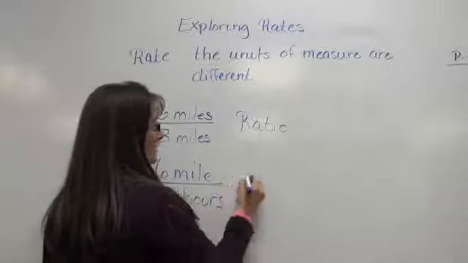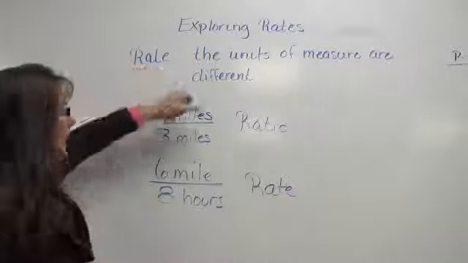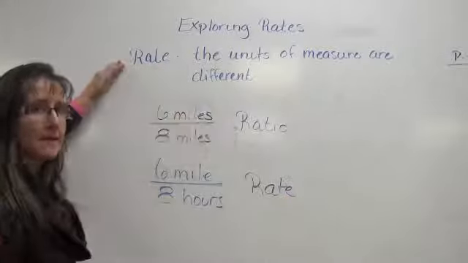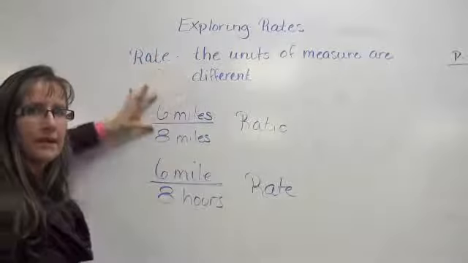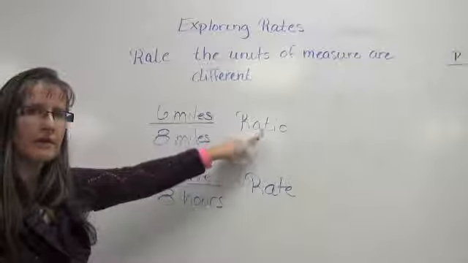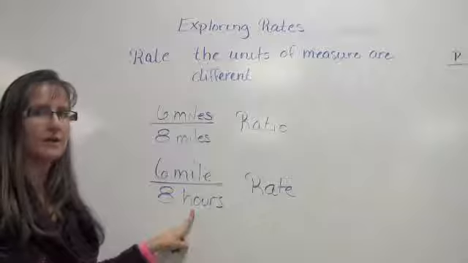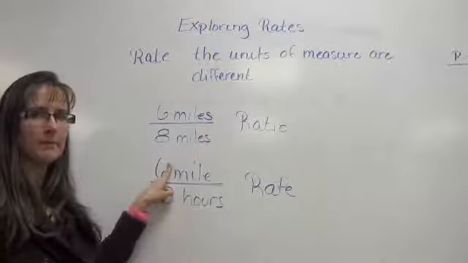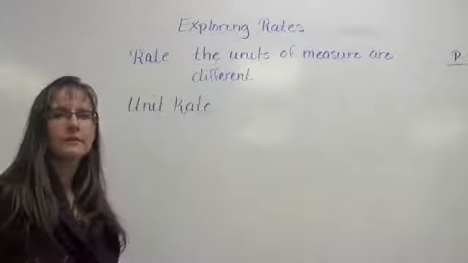Now I have turned this into a rate. Again, a ratio becomes a rate when the units of measure are different. Here I had miles over miles. That meant it was still a ratio. By changing my bottom unit to hours and leaving the top unit miles, I have created a rate.